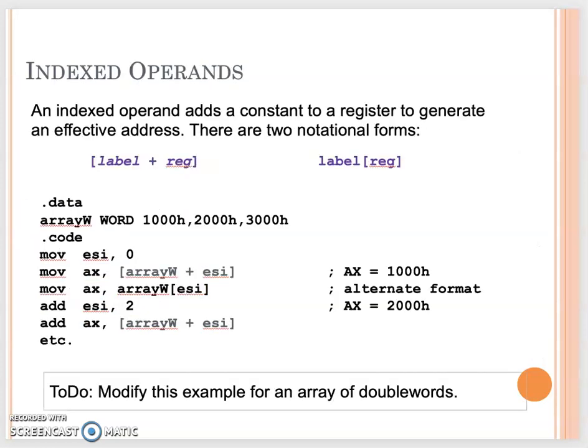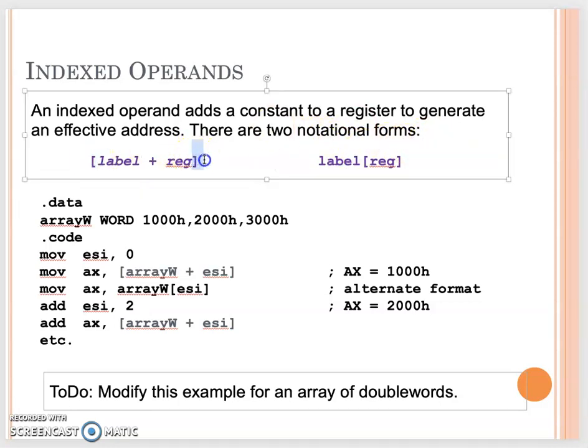So let's see what index addressing is. For the index operand, you add a constant to a register to generate an effective address. There are two different formats. You can have the square bracket, using the label plus your register. Here the label means a data label, and the register can be ESI or EDI.